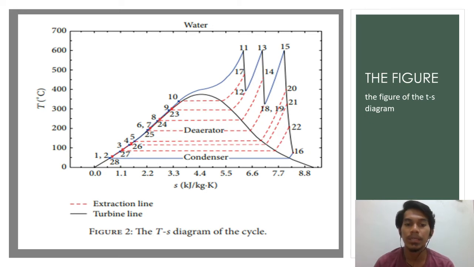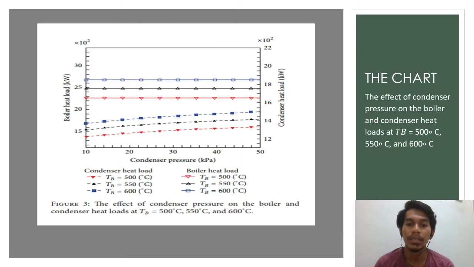Last but not least, the method in this journal is the line chart. The line chart is used to differentiate and compare the values. For example, in this journal, it shows the effect of condenser pressure on the boiler and condenser heat at PB equals 500 degrees Celsius, 550 degrees Celsius and 600 degrees Celsius.